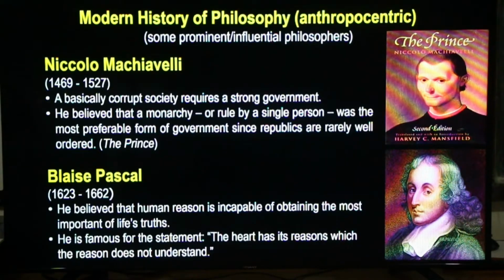In that book, he stated that monarchy or rule by a single person was the most preferable form of government, since republics are rarely well ordered. When he said republics, he's referring to a democratic form of government. For him, monarchy is better than democracy.